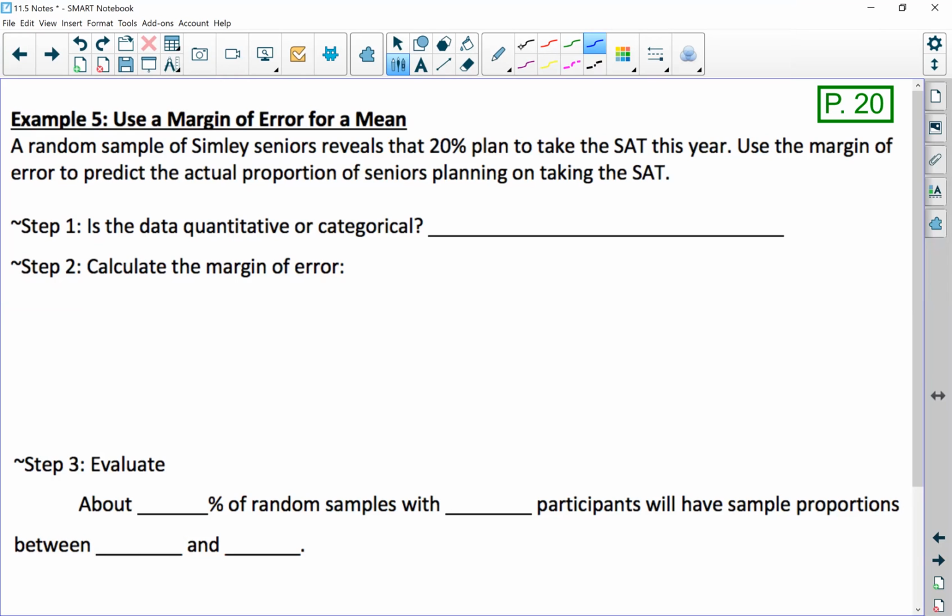This should say a random sample of 90 seniors reveals that 20% plan to take the SAT this year. Using the margin of error, predict the actual proportion of seniors planning to take the SAT.